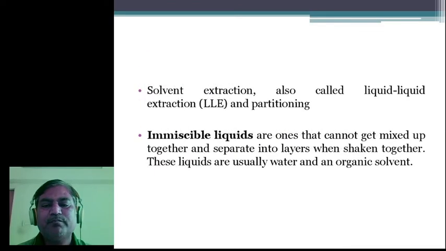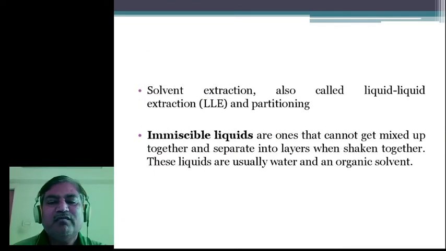Now this solvent extraction process or technique is also known as liquid-liquid extraction and partitioning. Now first we see a very simple example. In this extraction process two immiscible liquids are mixed together, taken in a separatory funnel.